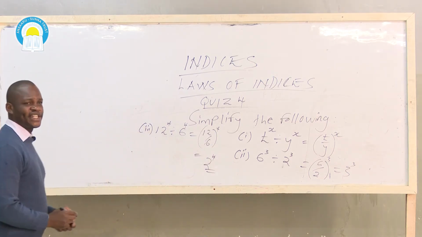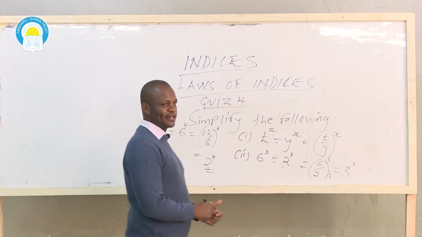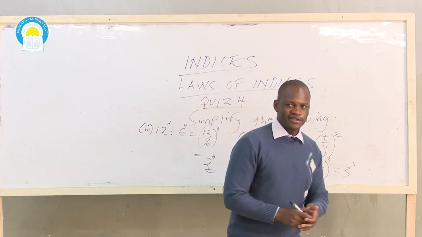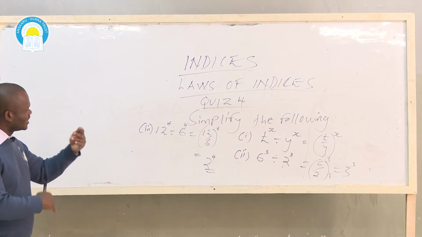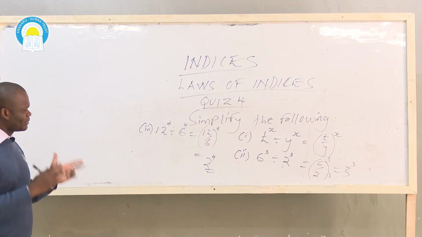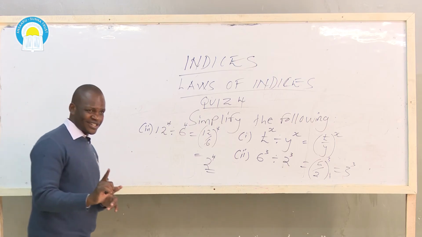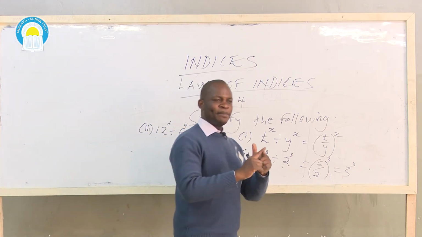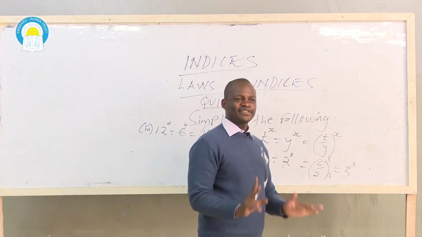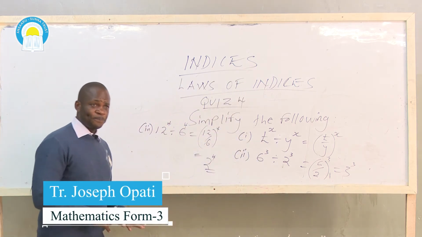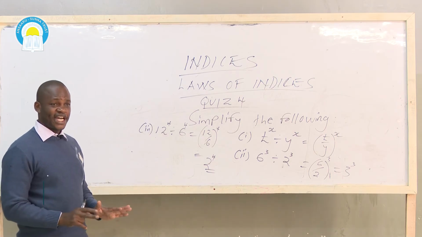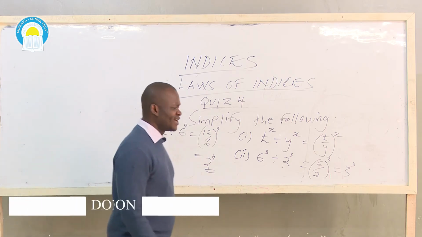So we are done with the first 4 laws. We have 5 more to go. Again, a quick recap of the laws. I want you to master them. The first law was the law of multiplication having the same basis. Number 2, law of division having the same basis.